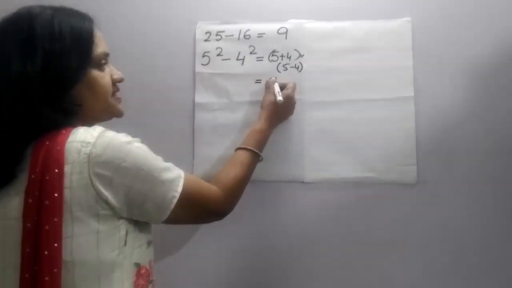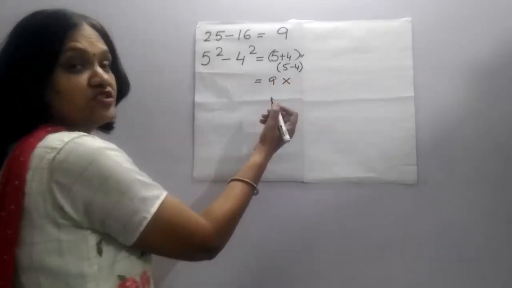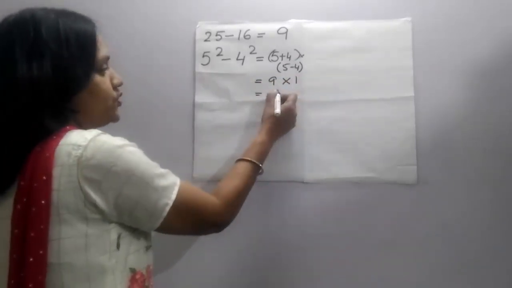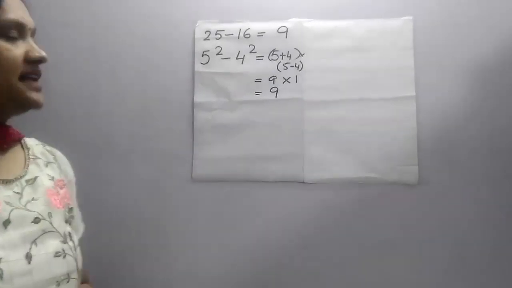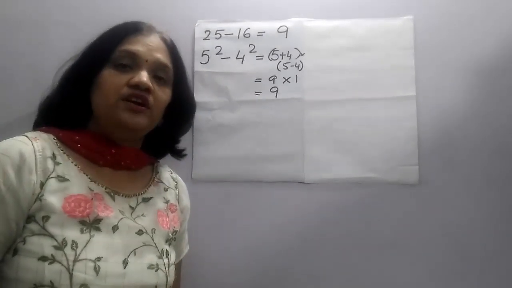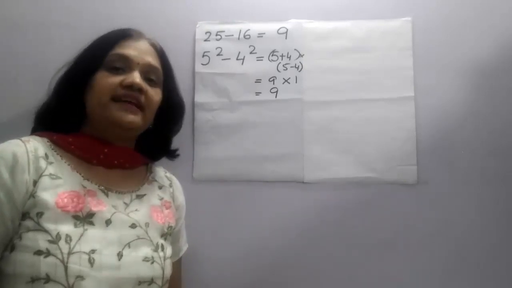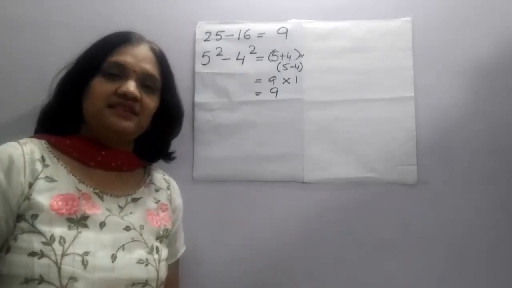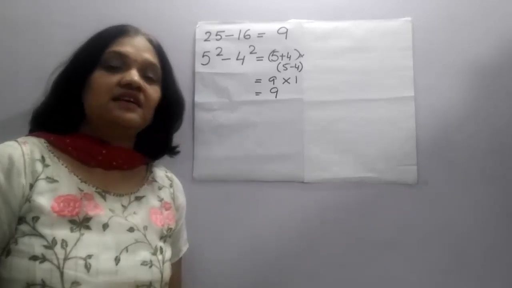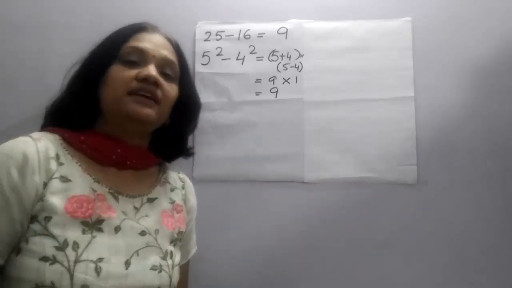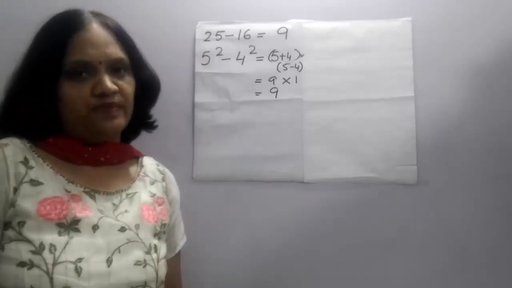Now 5 plus 4 is 9 and 5 minus 4 is 1. So we are getting that the difference of the squares of two consecutive natural numbers is the same as the sum of the given natural numbers.